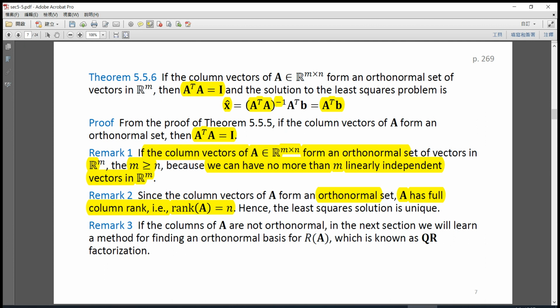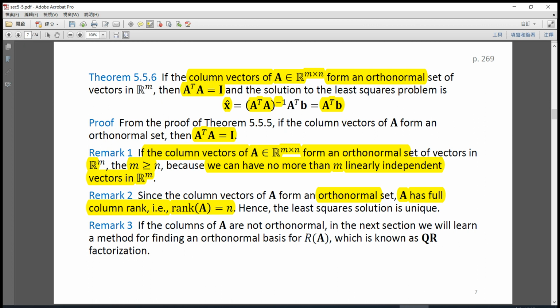And from the result in section 5.3, we know the least squares solution is unique. The column vectors of A forming an orthonormal set is a very strong condition. Usually we do not have such a condition.